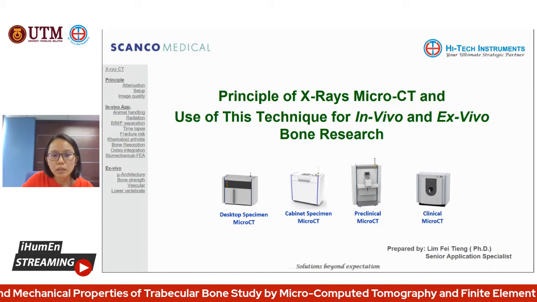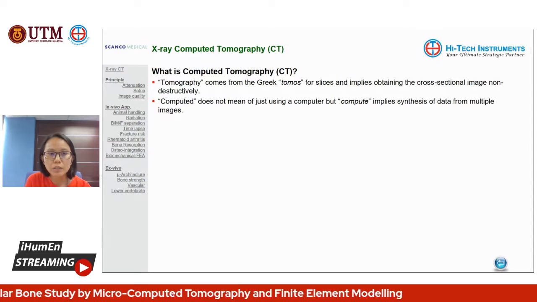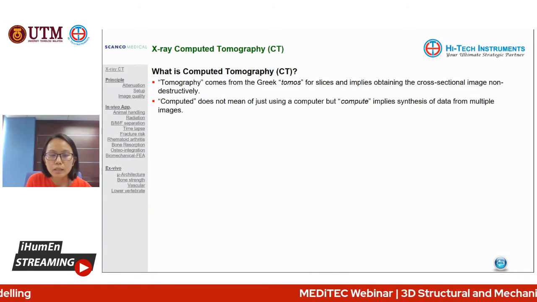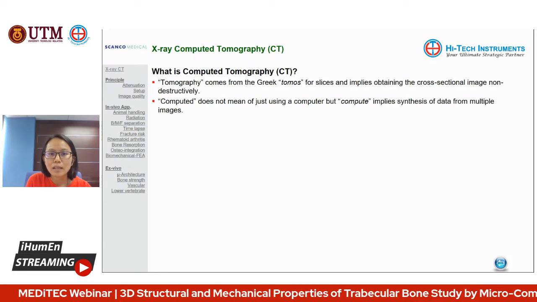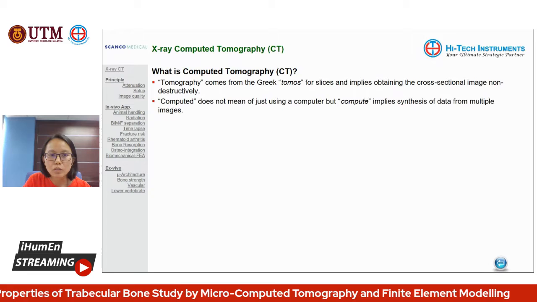So let's move to a general introduction of what is X-ray computed tomography, or we call it a CT. For tomography itself, the term came from the Greek word tomos, which means slices, and it implies that you get cross-sectional images of an object non-destructively.